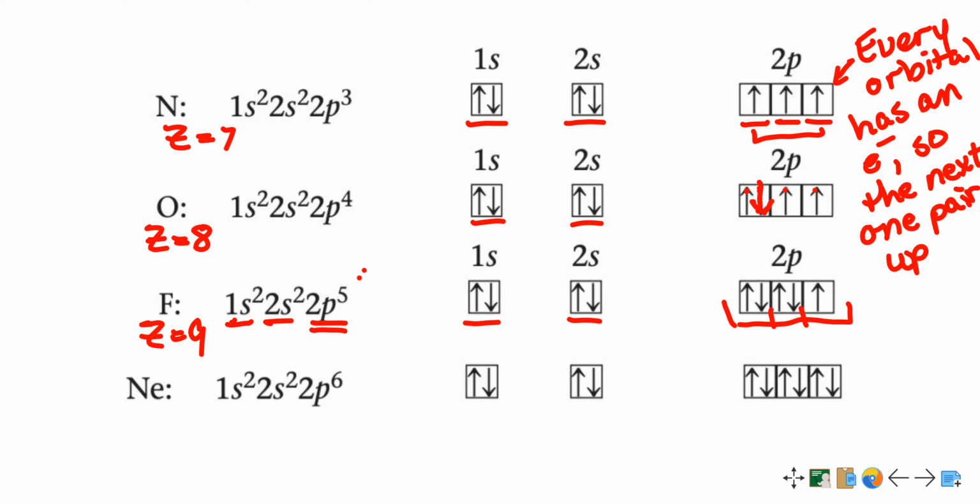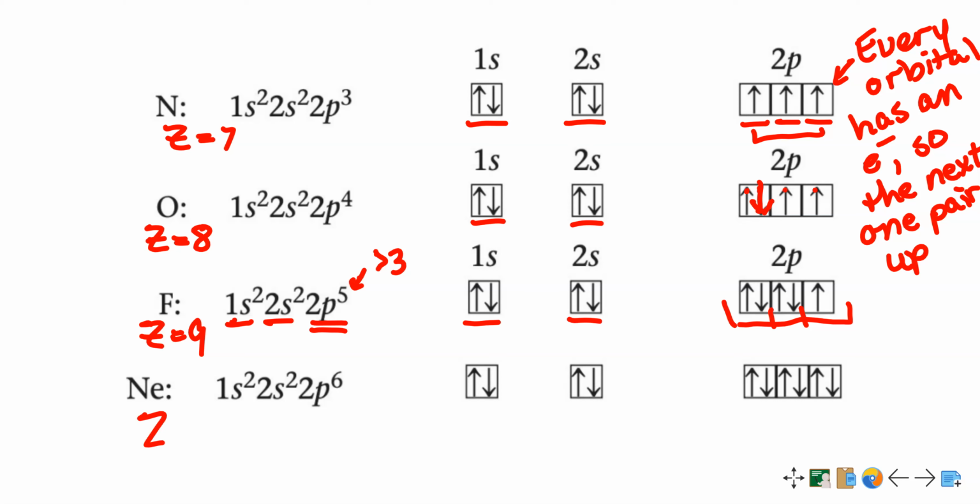The fact that this number is greater than 3 indicates to us, the scientists, that they are paired. That there are 2 that are paired. Because I know that p can hold a maximum of 6. That's just something I remember from chemistry class.